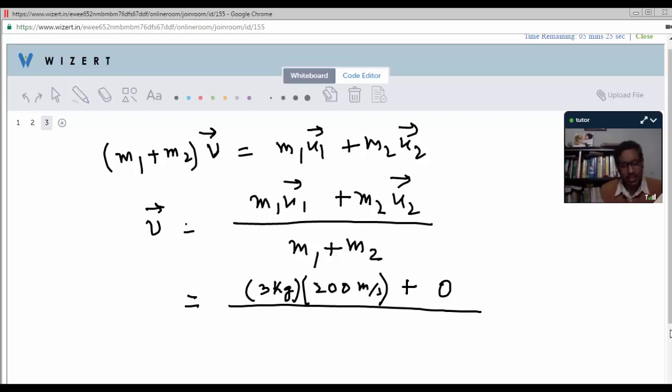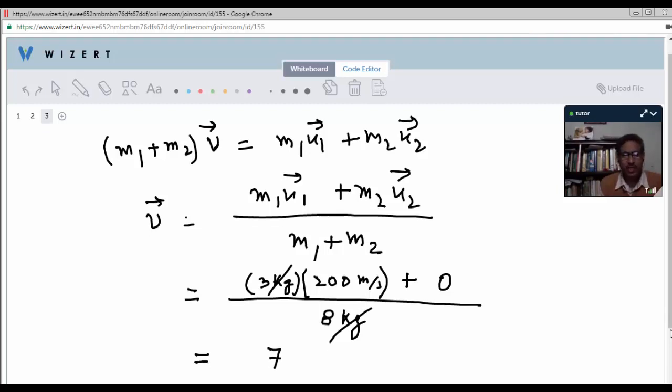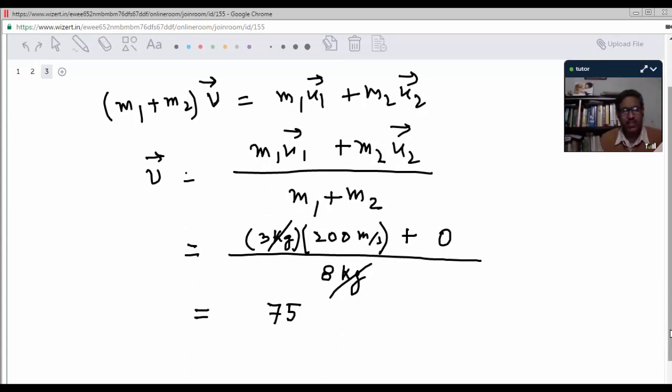And in the denominator, m1 plus m2 means the total mass of the two bodies, that is 8 kg. Now you can check unit-wise that kg and kg cancel. So if we simplify, we get 75 as the value, and the unit remains meter per second.